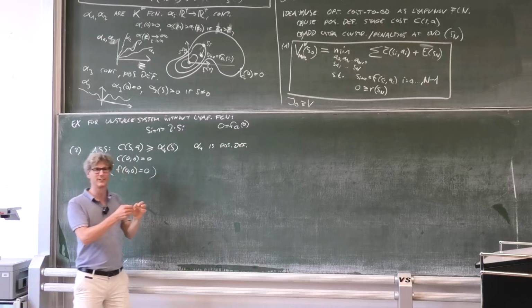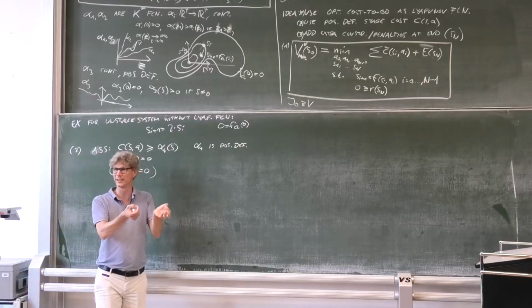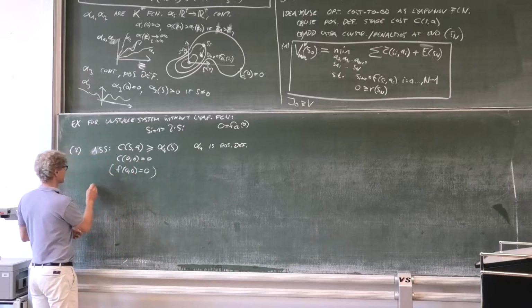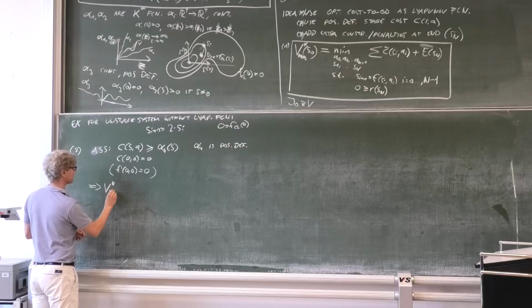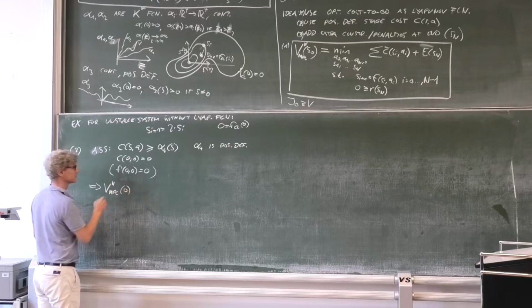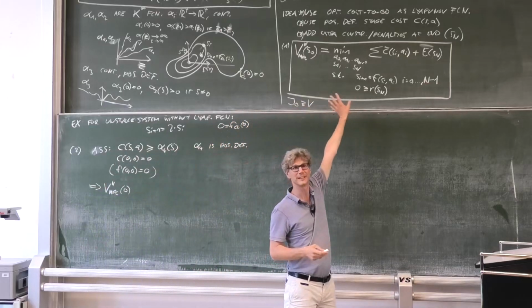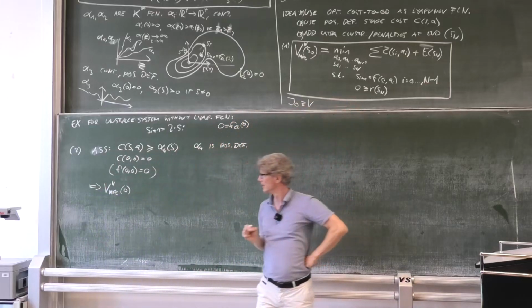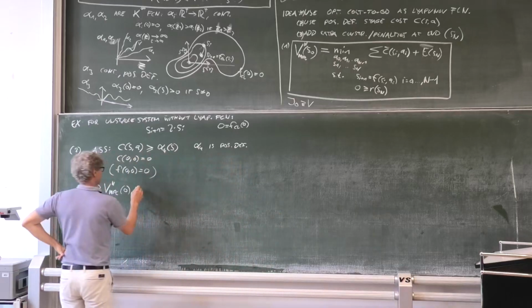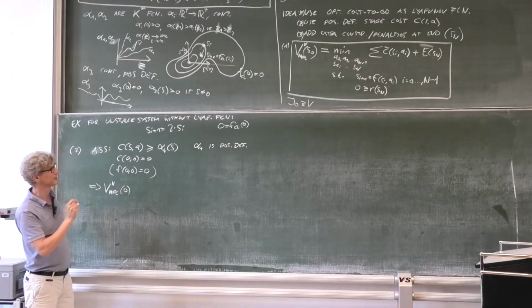Now, if you're in 0, you stay in 0 and you remain there. That means all these assumptions already imply something. What do they imply? That for your Lyapunov function, MPC, if you solve that optimization problem at 0, and of course your constraints are feasible.